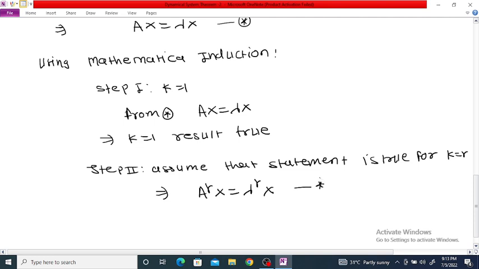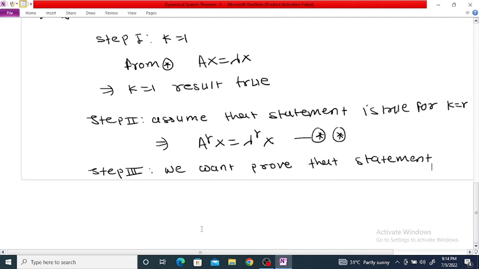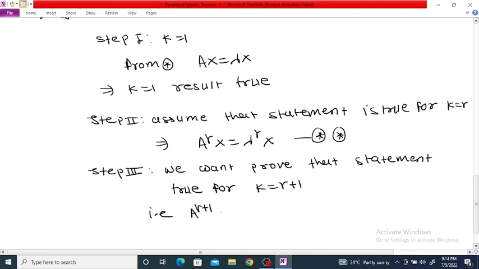So this is equation number double star. Now in step number 3 we want to prove that the statement is true for k equal to r plus 1, that is, A raised to r plus 1 x is equal to lambda raised to r plus 1 x. This is what we want to show here.